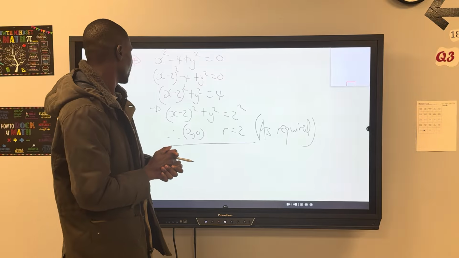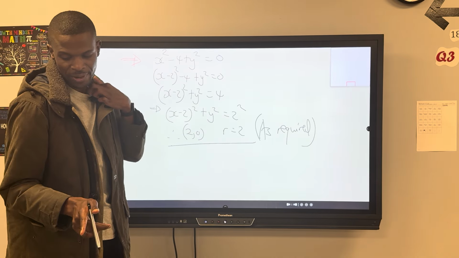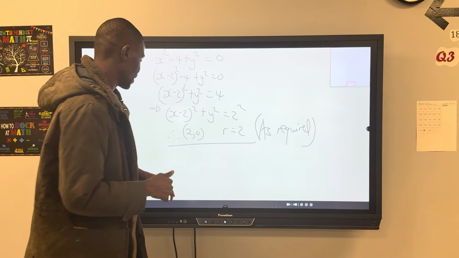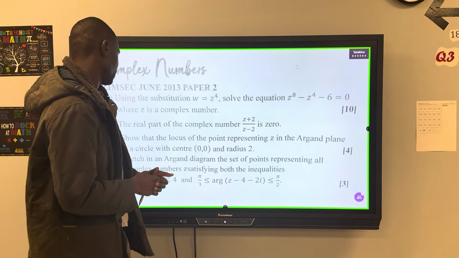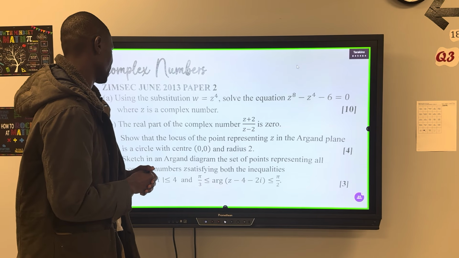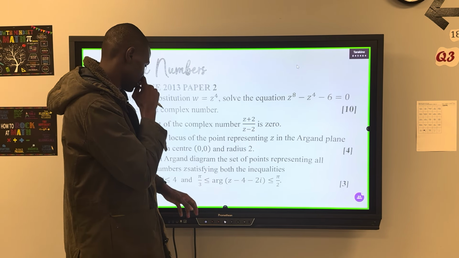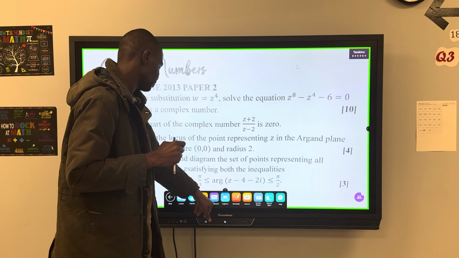It says, no, I think there was a typo. It's supposed to be center 0, 2, not 0, 0. Yeah, the equation of a circle with center 0, 0, radius 2 was not right; the center was 0, 2, and radius 2. All right.